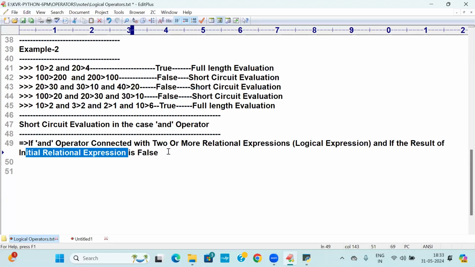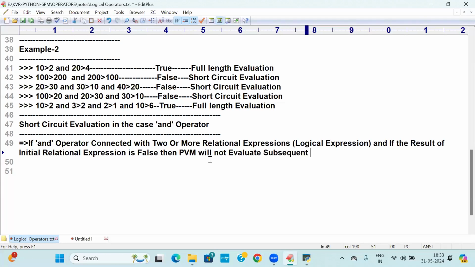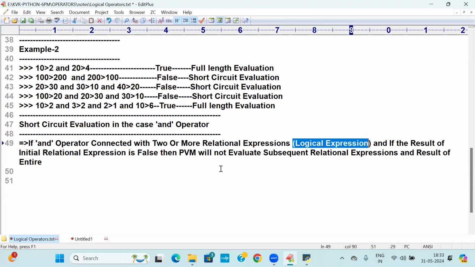If the initial relational expression is false, then the PVM will not evaluate the subsequent relational expressions, and the result of the entire logical expression is considered as false.